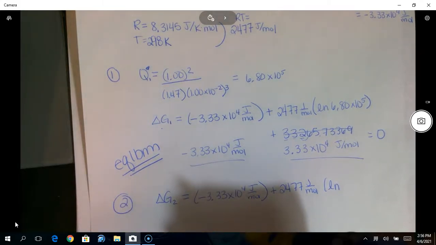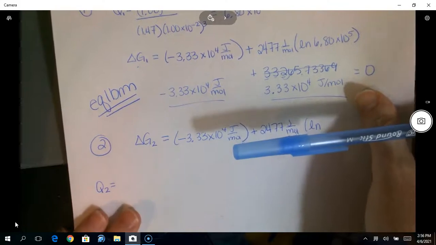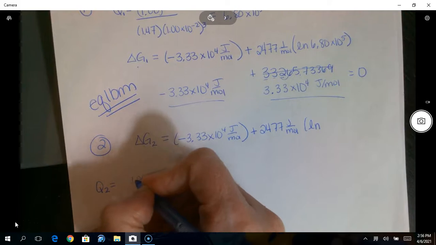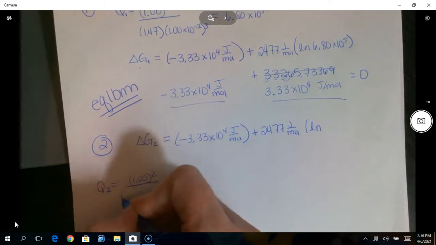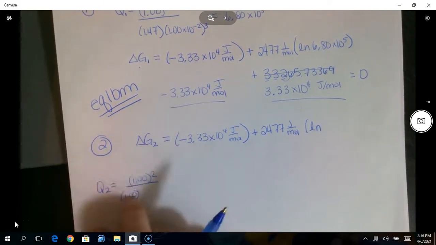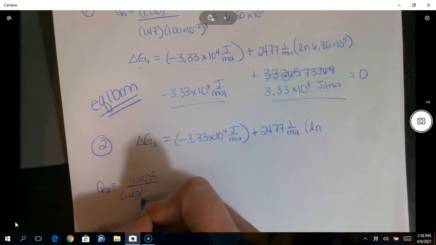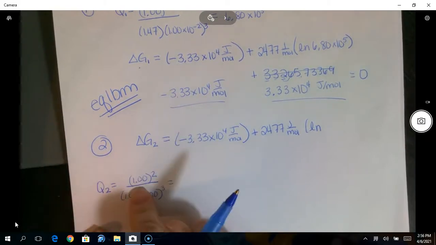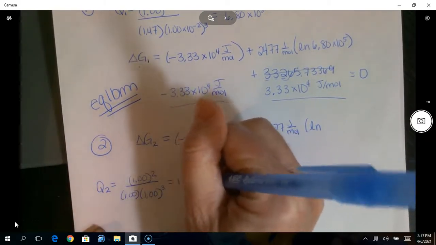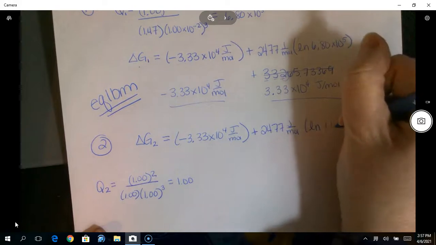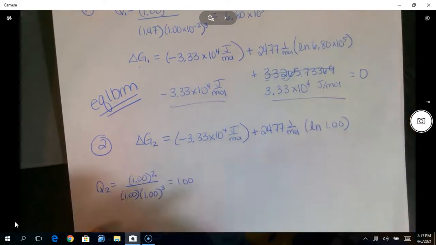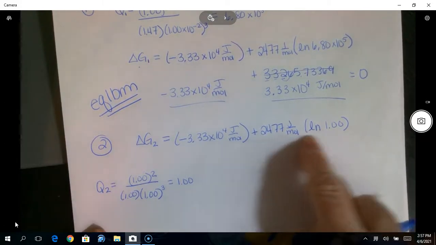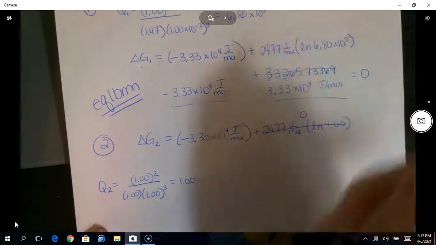Remember our products, so now we have 1.00 squared divided by 1.00 for nitrogen, which is not raised to any power, and 1.00 hydrogen is raised to the 3rd power, but it really doesn't matter because it's all 1. So this is going to be 1.00. So this is the natural log of 1.00. And as you know, the natural log of 1 is going to be 0. So this whole thing is 0.